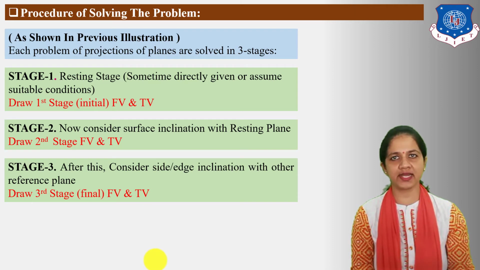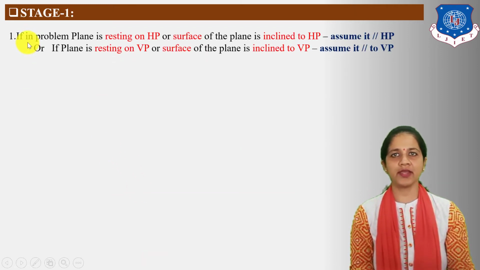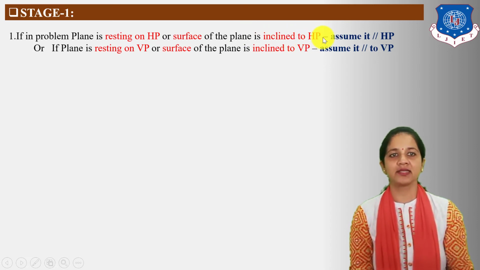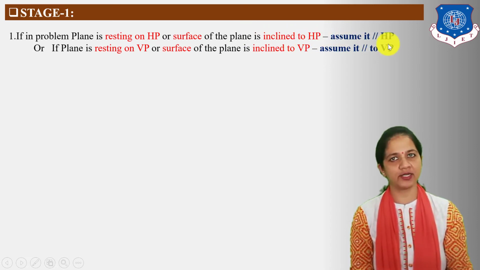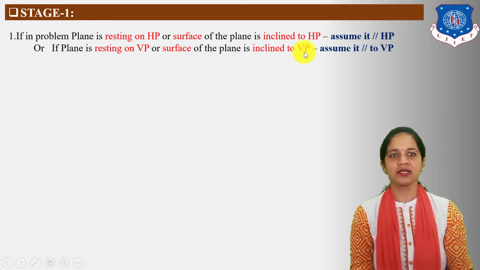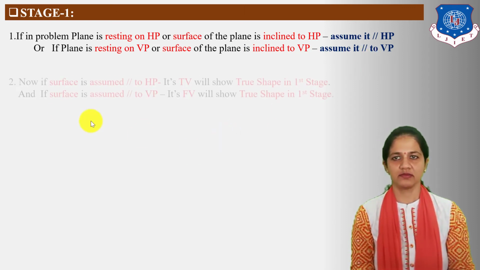Next, let us understand the first stage in detail. If in the problem the plane is resting on HP or the surface of the plane is inclined to HP, then assume it parallel to HP in the first stage. Or if the plane is resting on VP or the surface of the plane is inclined to VP, then assume it parallel to VP.